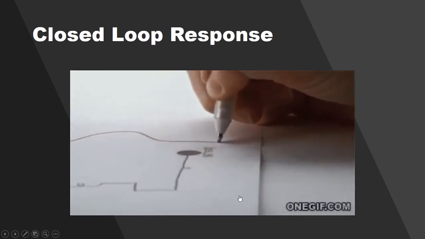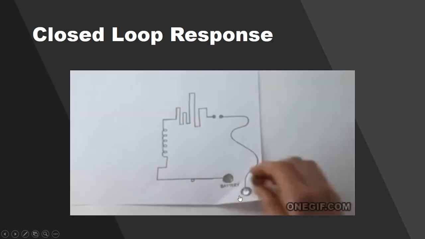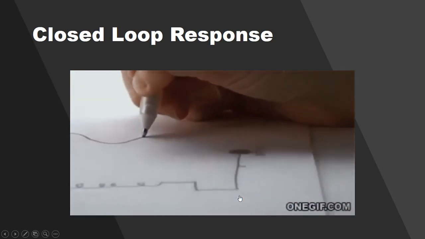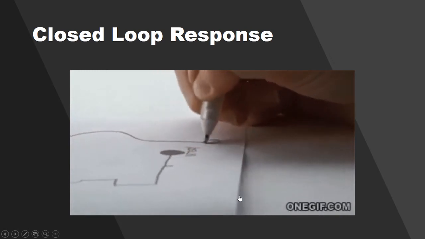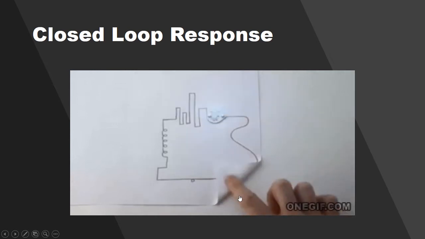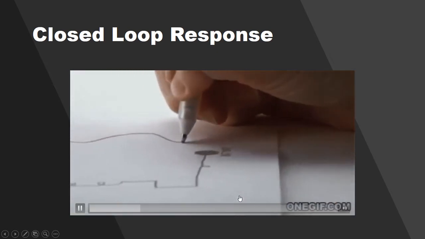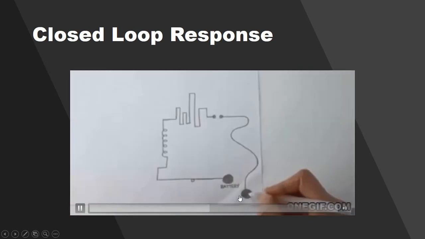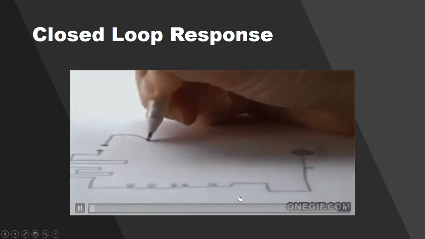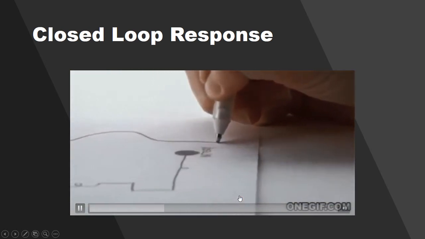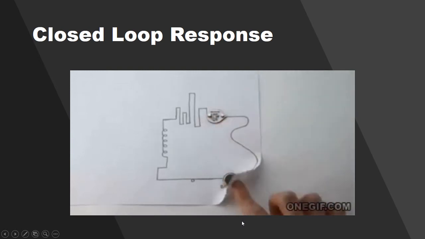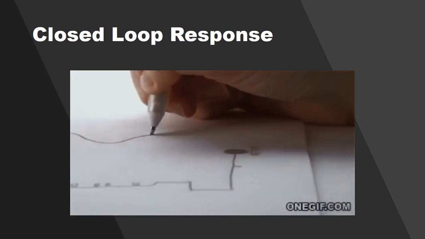So the next thing I'm going to talk about is the closed loop response. To avoid the disadvantages from the open loop design, a closed loop technique is implemented. The output measured speed is fed back to the speed controller, so there's an advantage there. The next is that a closed loop can maintain the speed by adjusting the terminal voltages, and a fine control of speed can then be obtained.